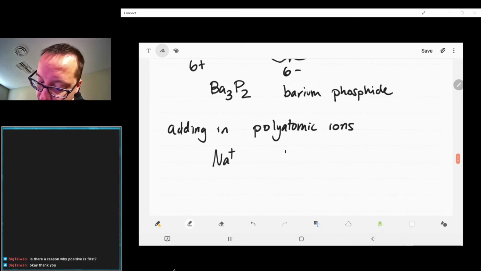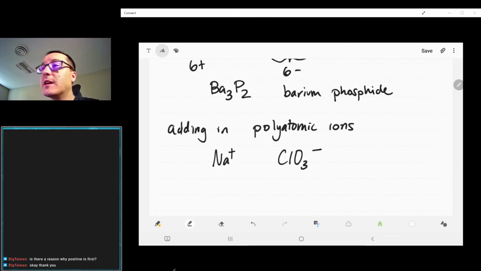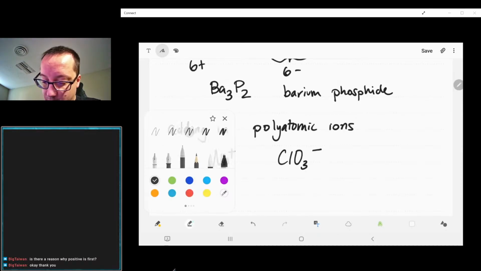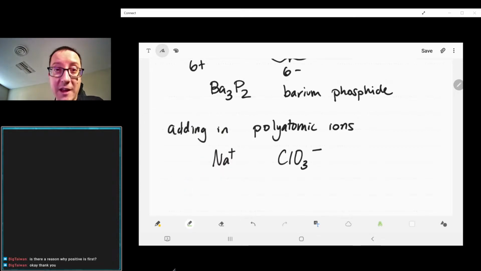Let's say that we're going to put together these two. We're going to see the process of charge balancing is exactly the same when we have polyatomic ions versus monoatomic ions. And the naming is going to be exactly the same as well. However, that's going to take into consideration the fact that you'll have to know the names of these polyatomic ions.